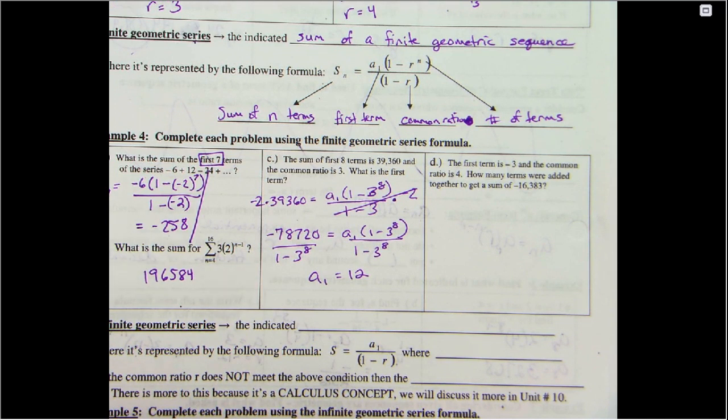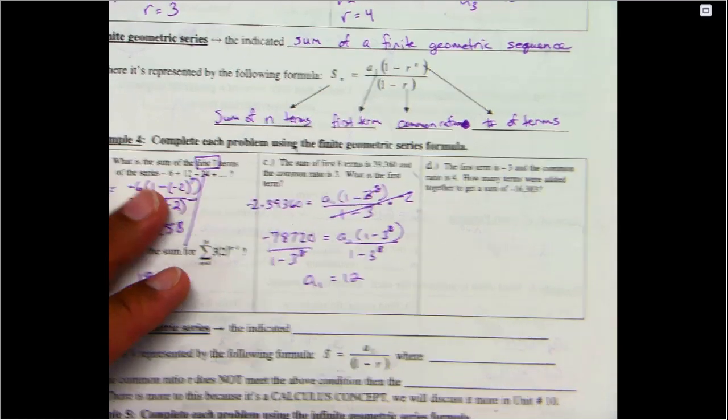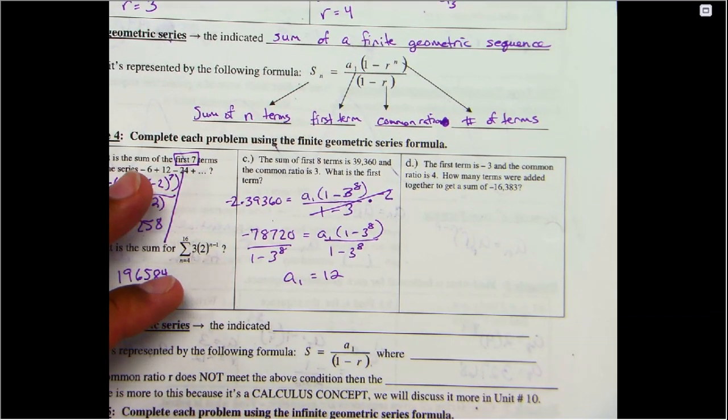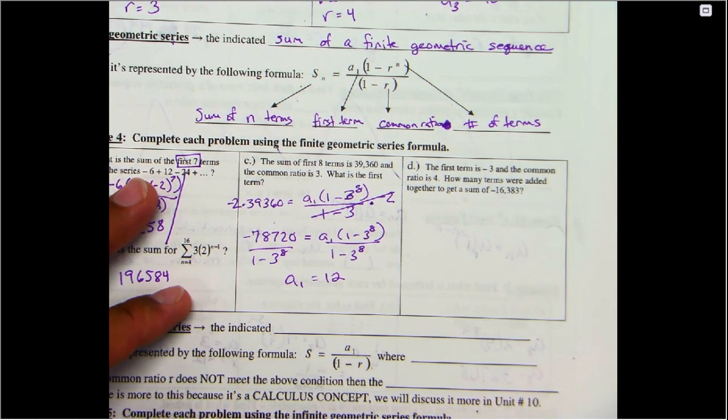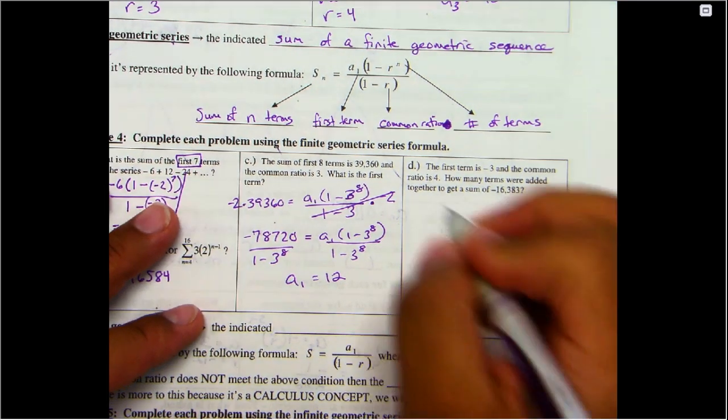Be sure you follow the correct algebra steps for these problems. Okay, so the first term is negative 3 and the common ratio is 4. How many terms were added together to get a sum of negative 16,383?